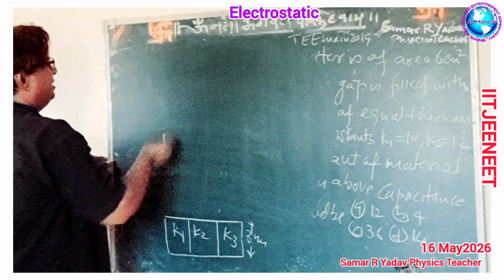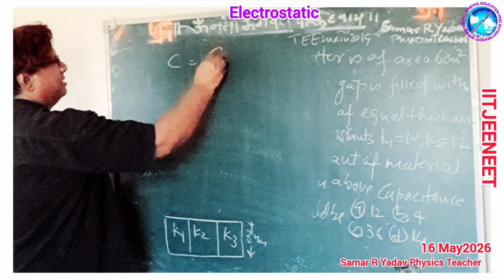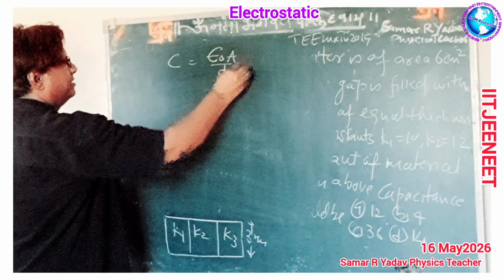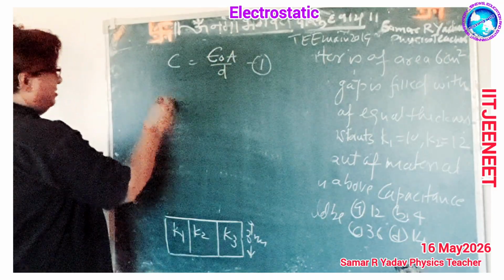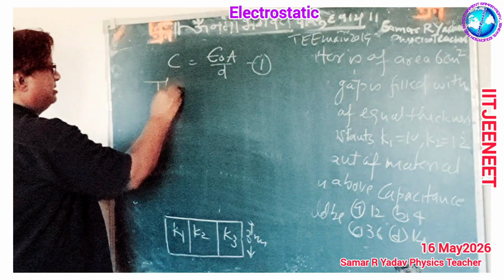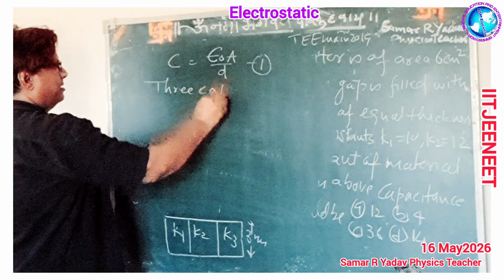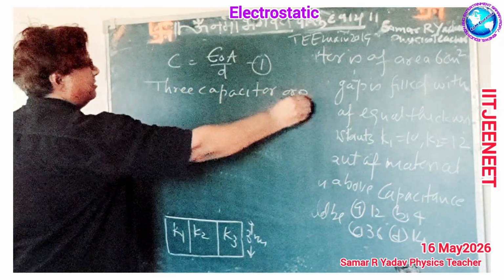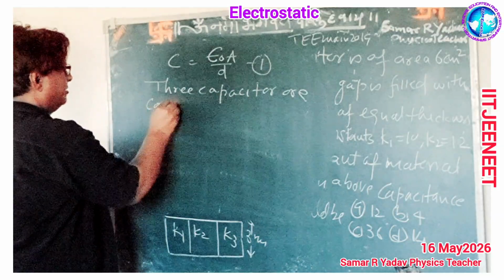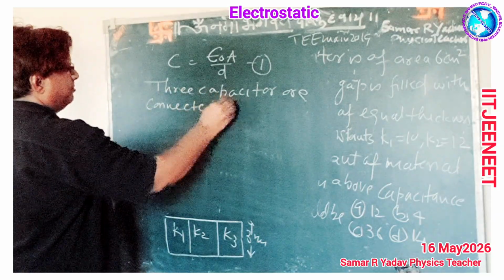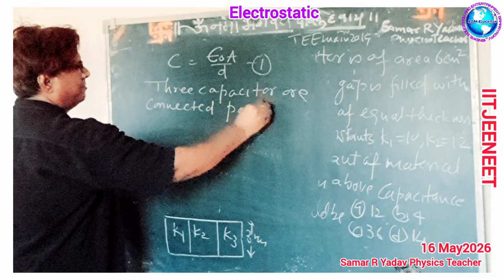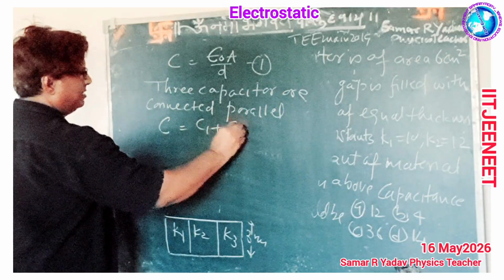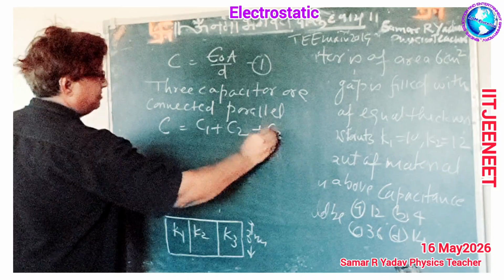Now for parallel plate capacitor, C is equal to epsilon 0 A upon D. Now here 3 capacitors are connected in parallel. Therefore C is equal to C1 plus C2 plus C3.